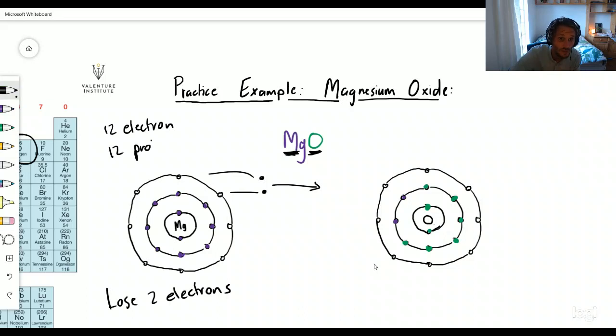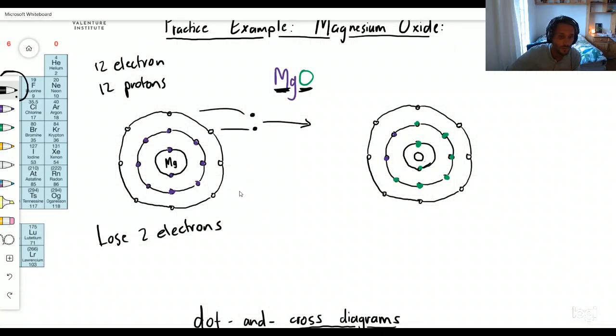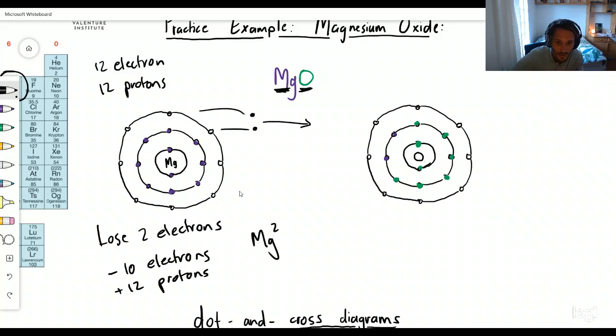Then we've lost 2 electrons because it wasn't happy, so now we end up with 10 electrons and 12 protons. If we think of this as a mathematical sum, there are 12 positive protons and 10 negative electrons, so you end up with a +2 charge. So magnesium ends up looking like this, a +2 charge.